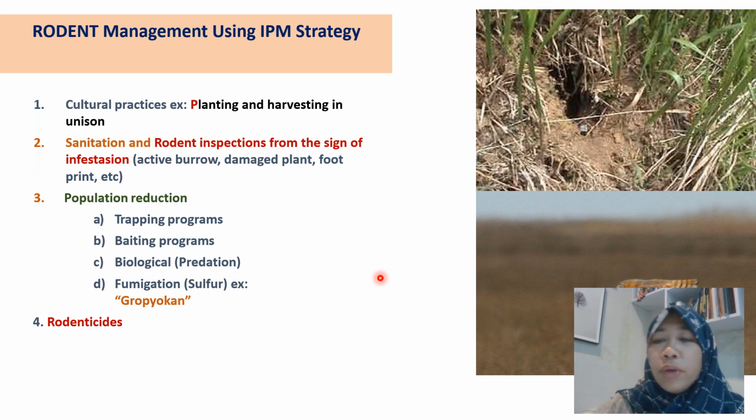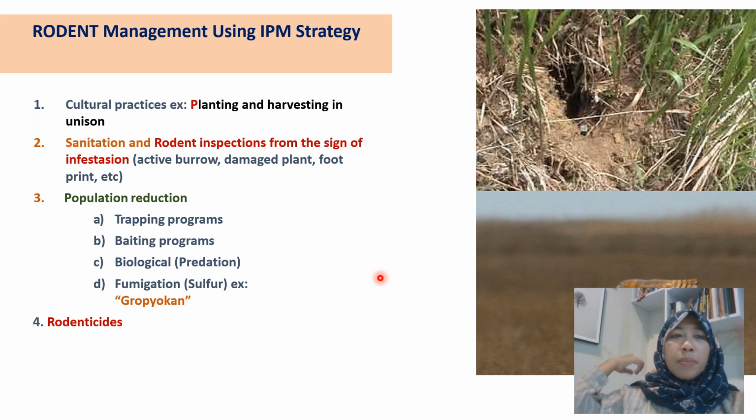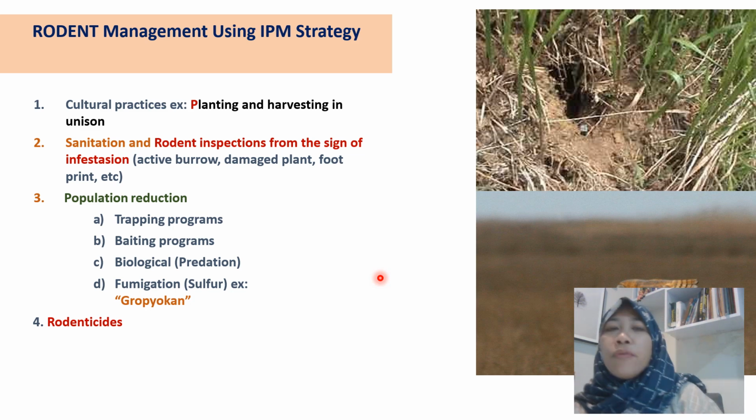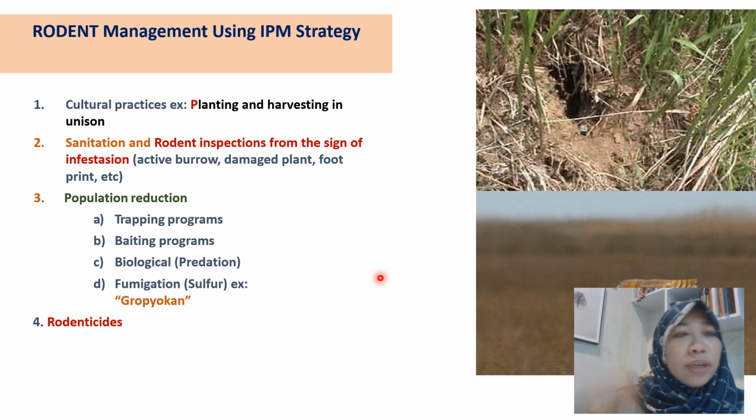And then we study about rodent management using IPM strategy. What kind of practices can we do? The first one is cultural practices, planting and harvesting in unison. Why should we plant and harvest in unison?